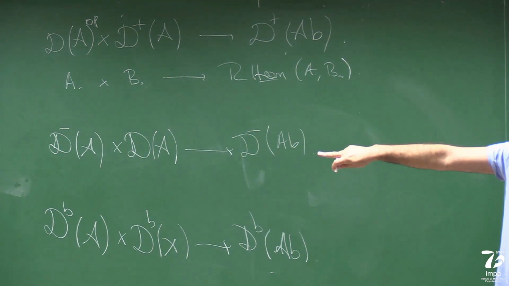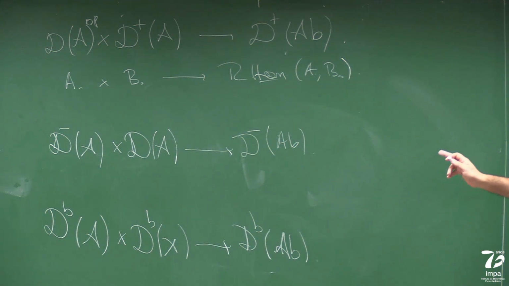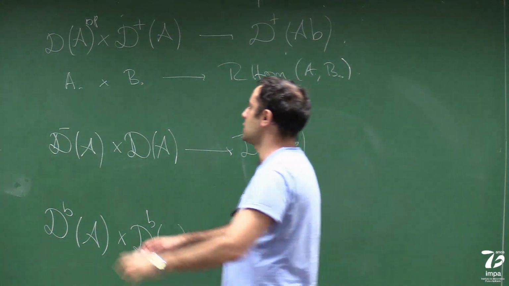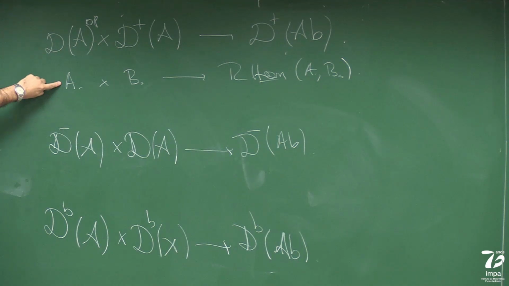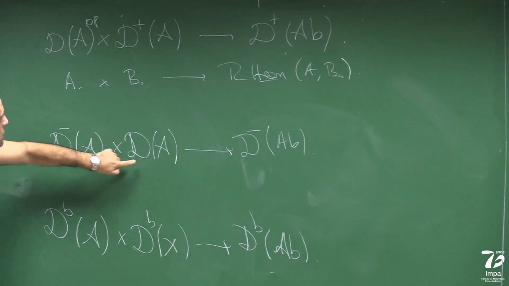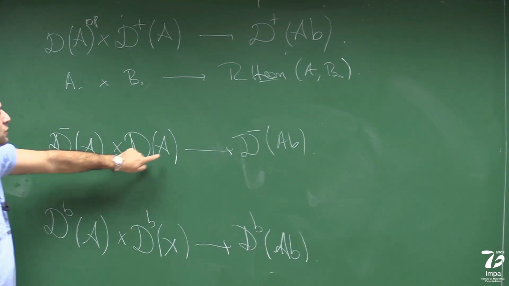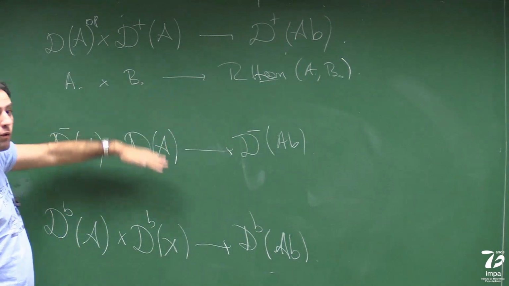You could just take something A bounded above, B bounded below, and you'll get something bounded. But the whole point is that these two things are different functors defined in different places. But if I take A bounded above here, then I will compute something. And if I take B bounded above there, I would compute something. And this thing would agree if both of them are bounded, which is here.